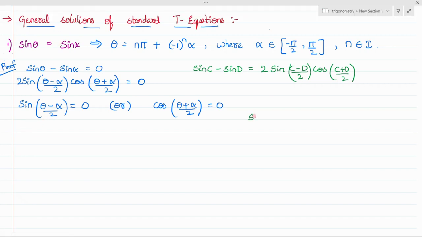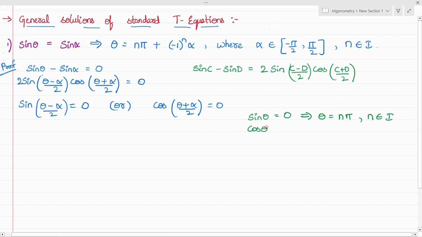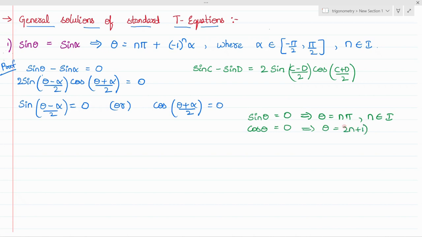Earlier we have seen sine theta equal to 0. Then the solution for theta will be n pi, where n belongs to integers. And we have also seen cos theta equal to 0. Then theta will be 2n plus 1 times pi by 2, where n belongs to integers.